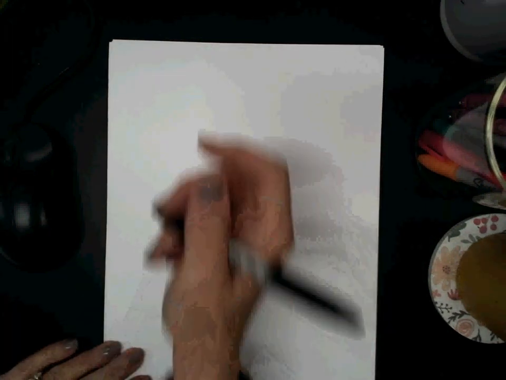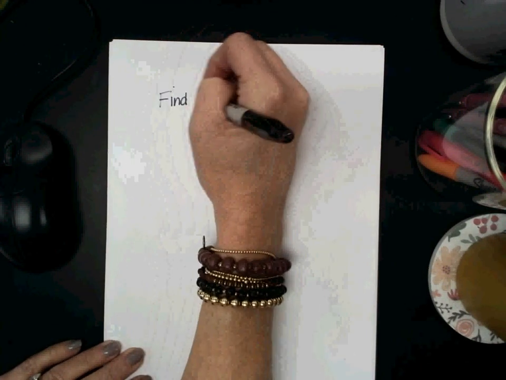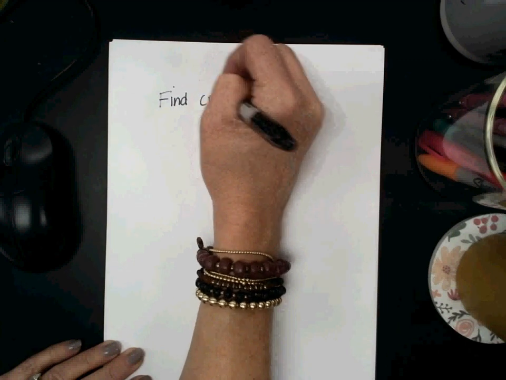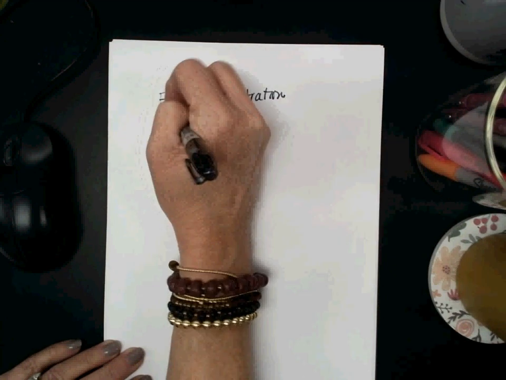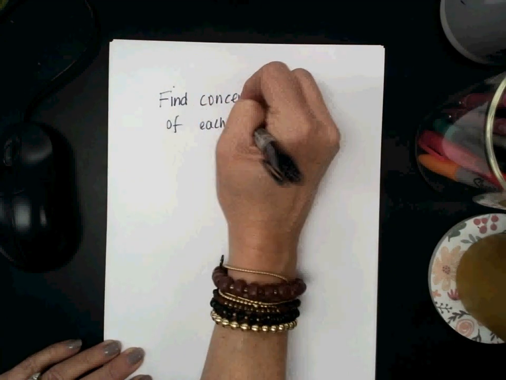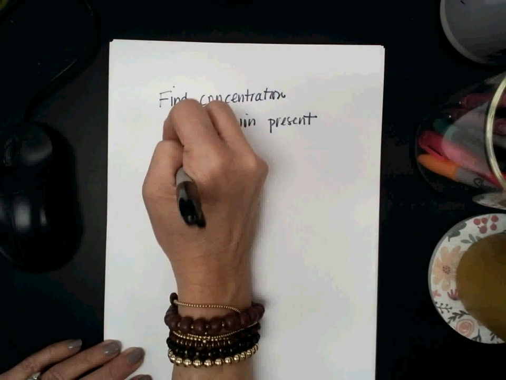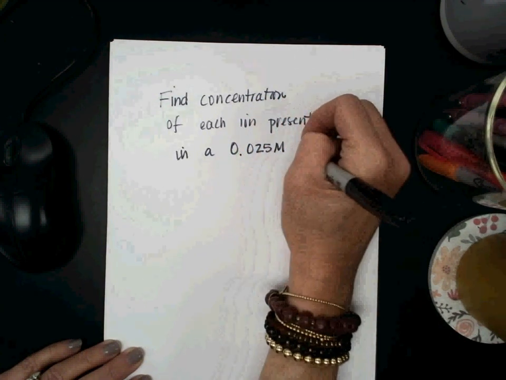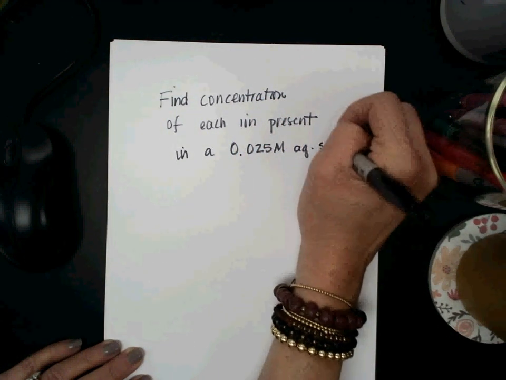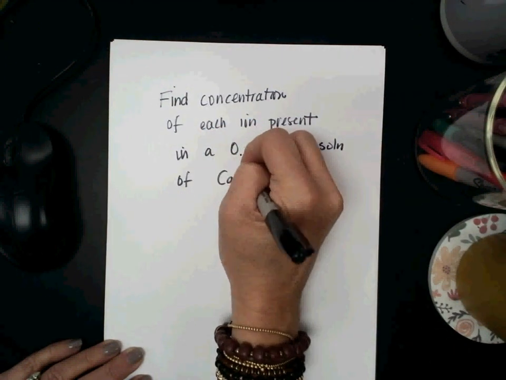Try this. Find the concentration of each ion in a 0.025 molar aqueous solution of calcium nitrate.